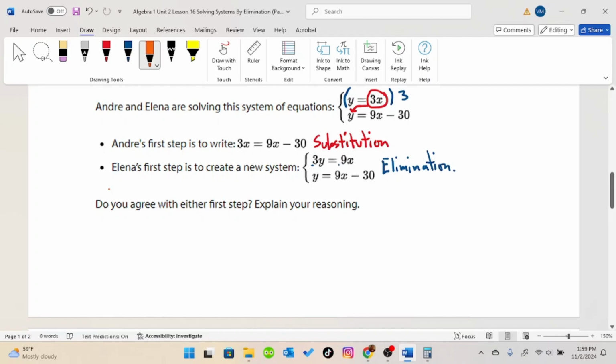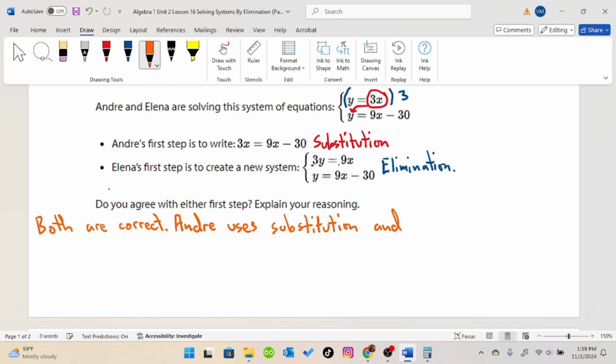So my answer would be both are correct. Andre uses substitution. And Elena uses elimination.